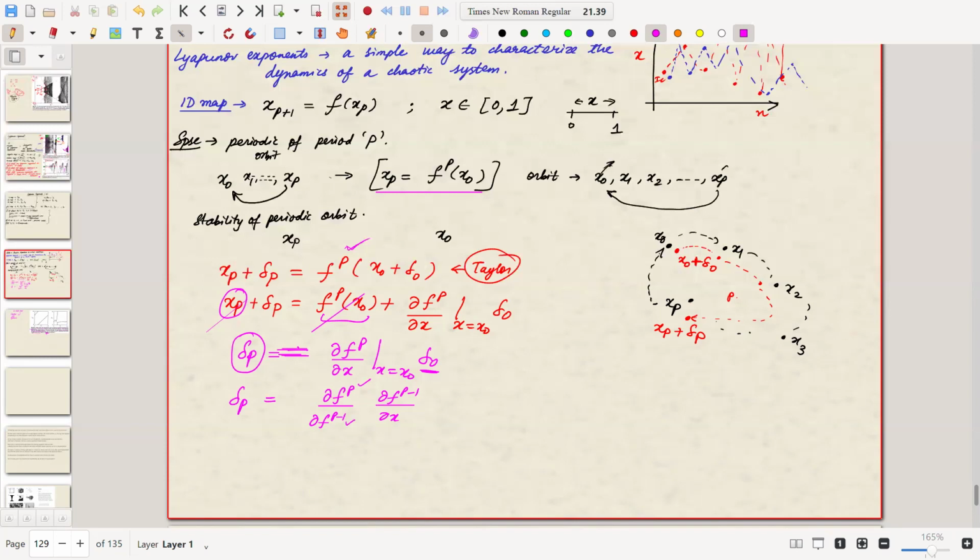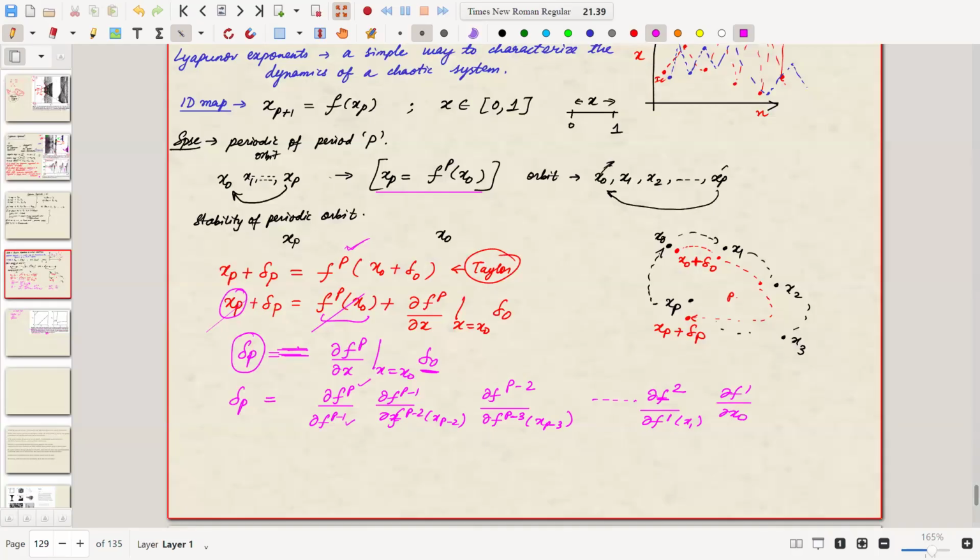Yes, yes. Dou fp minus 1 at xp minus 1, then it should be multiplied by dou fp minus 2. Then divided by dou f, p minus 3, evaluated at xp minus 3. Okay, so on. So on till dou f2 by dou f1 at x1, dou f1 by dou x naught.